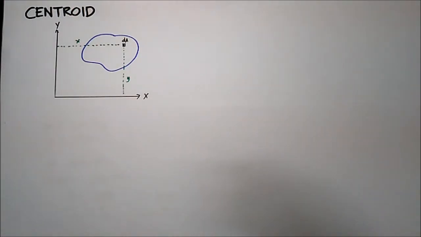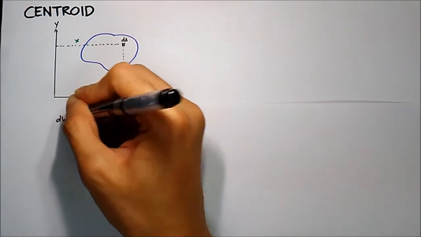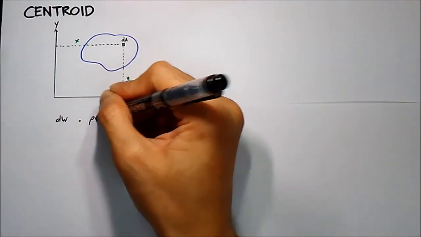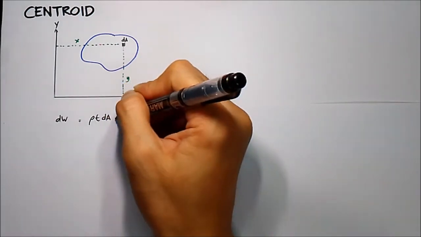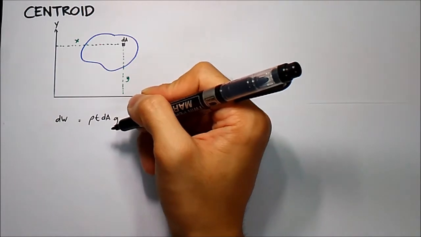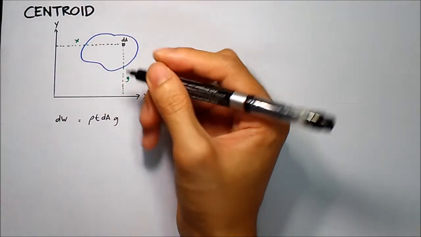If we take an infinitesimal area dA, then its weight, the differential weight, is equal to the density times the thickness times the differential area times the gravity. Hence, we have to integrate the equation to obtain the weight of the entire plate.